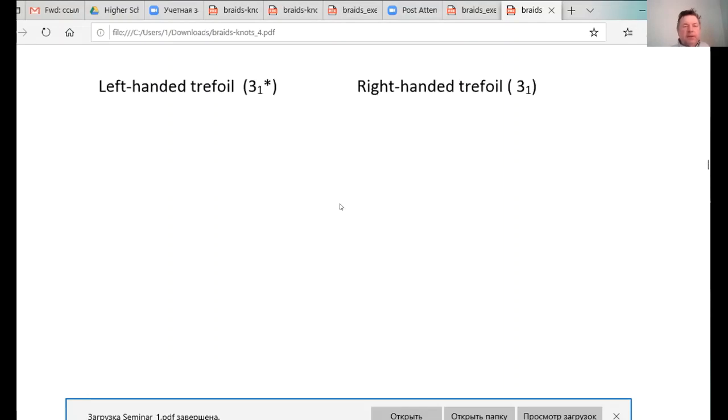So of course the simplest is what is called the Hopf link. Do you know what is called Hopf link?